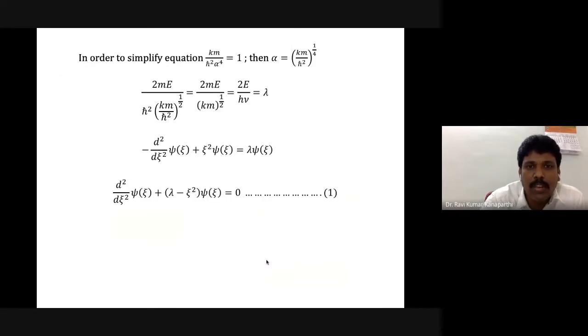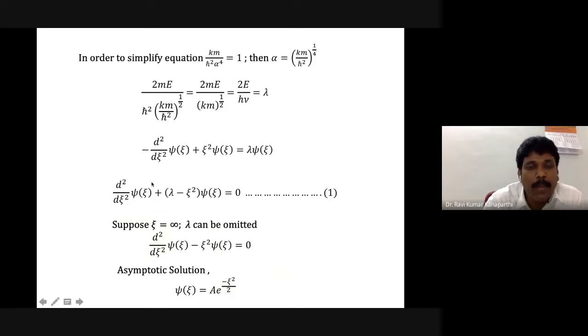Our differential equation is this. Basically, here there is no first derivative, but if you want to calculate the second derivative, you can calculate the first derivative first, and then differentiate one more time, and that will be the second derivative.